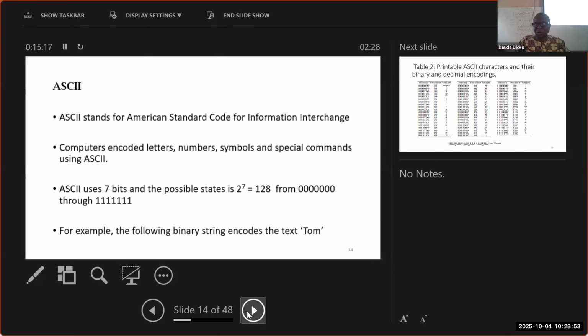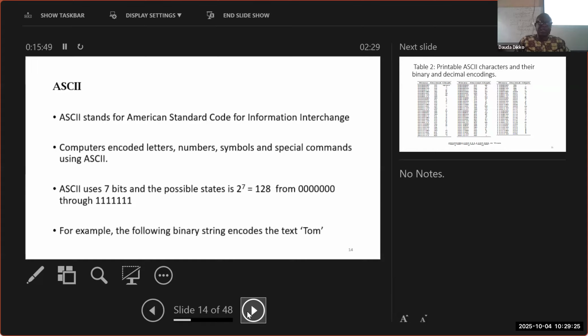The ASCII code uses 7 bits, and just like the coins and die, the 7 bits will have 2 raised to power 7 possible states, that is 128. And that means it ranges from 0000000 to 1111111. And the ASCII code can be used to represent different information.